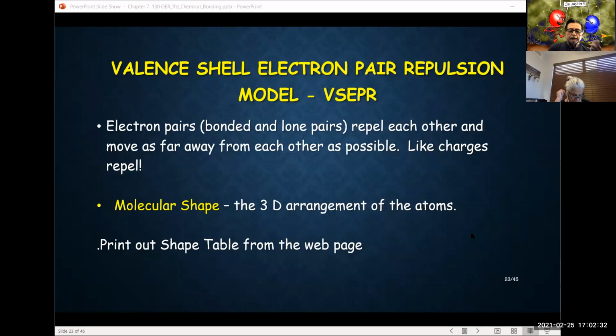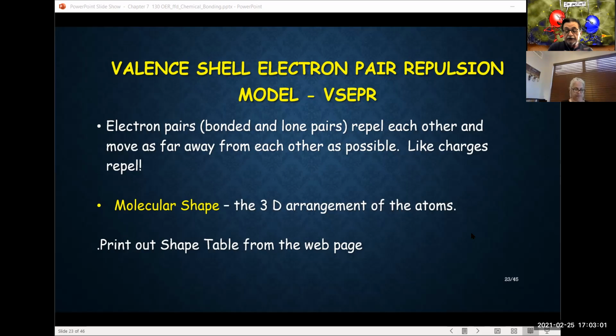All right. Well, this kind of brings us to something that should really have been reversed, because I've been talking about how the electrons that are by themselves repel each other and have a big effect on the structure. But I'll go ahead and follow the way they want us to talk about it. This is called valence shell electron pair repulsion, or VSEPR.